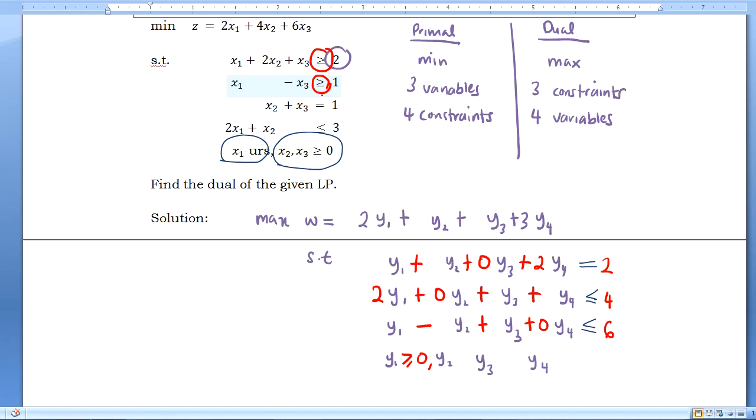This is also a sign for normal minimum problem. Therefore, this variable is a normal variable. y3 is URS and y4 is a non-positive variable. Since the sign of the last constraint is less than or equal to, which is not the sign for normal minimum, therefore the variable is not a normal variable.